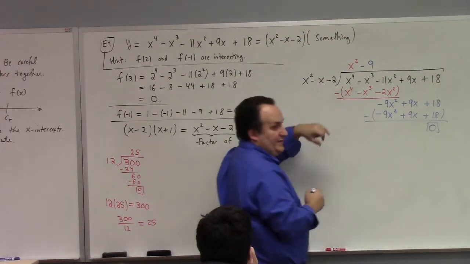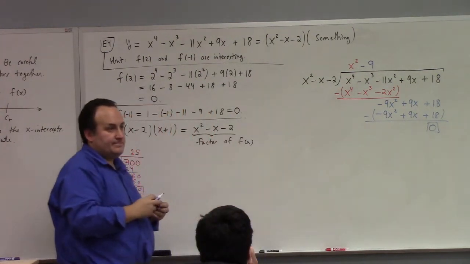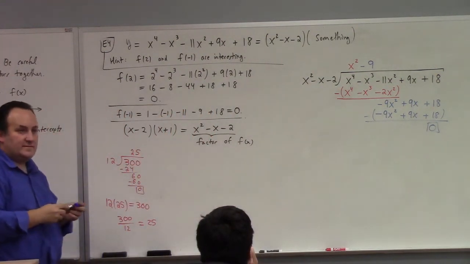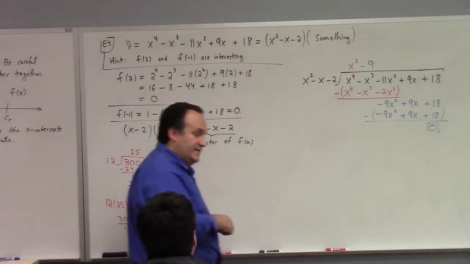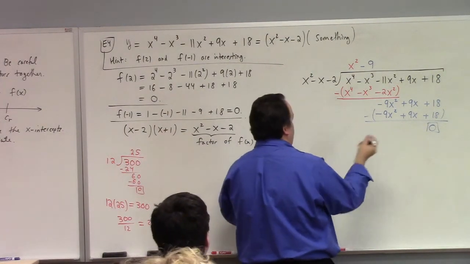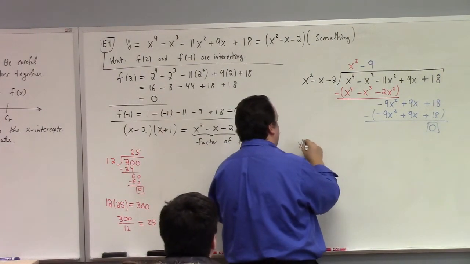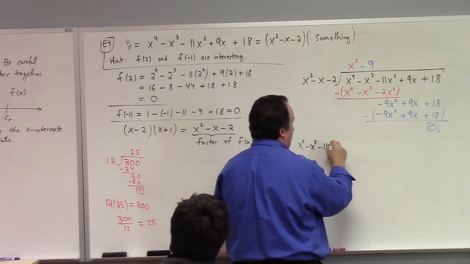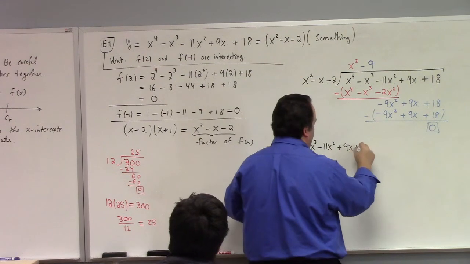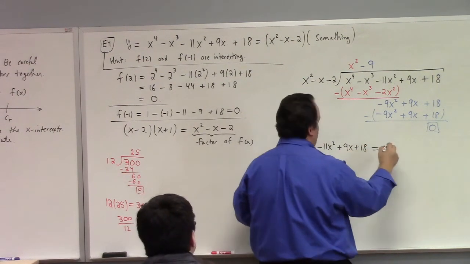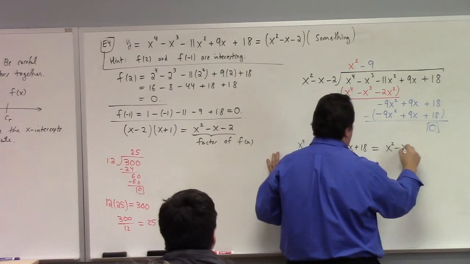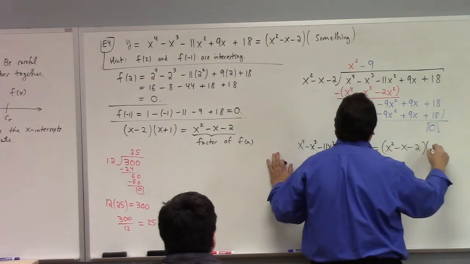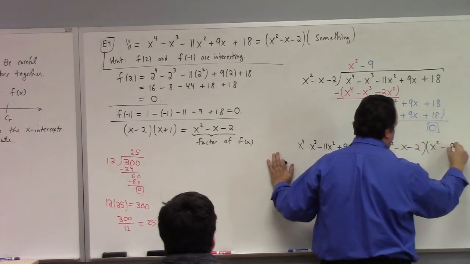If we did this right, the remainder should be 0. This means we factored it. So this shows you that x to the 4th minus x cubed minus 11x squared plus 9x plus 18 is equal to x squared minus x minus 2 times x squared minus 9.